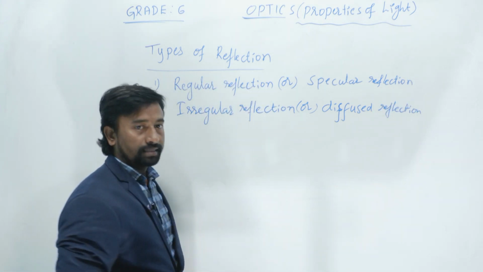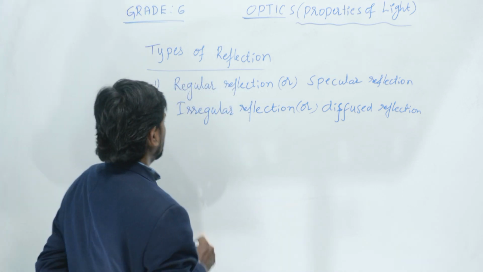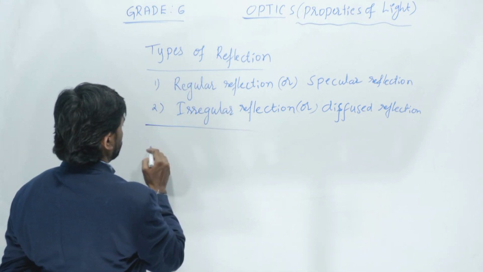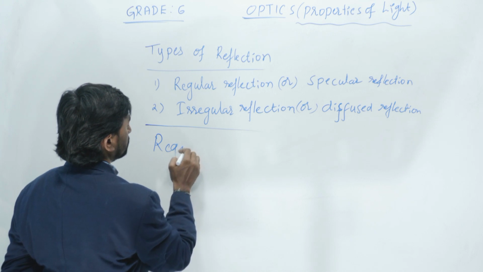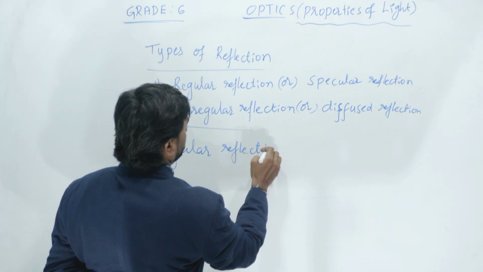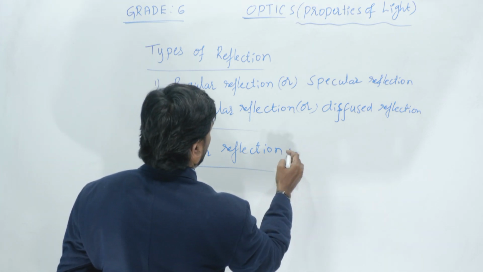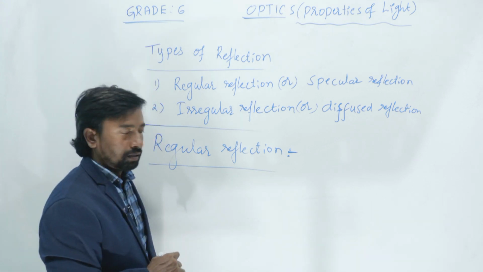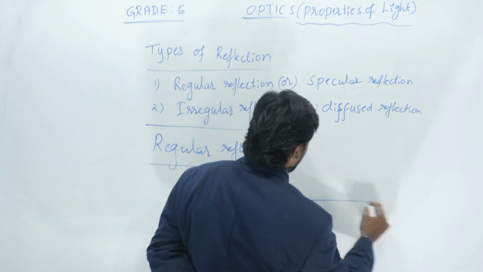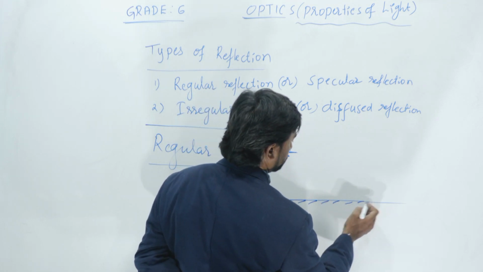What is regular reflection? First of all, we'll discuss regular reflection. Regular reflection is the reflection in which all the reflected rays are also parallel. Consider a smooth surface.